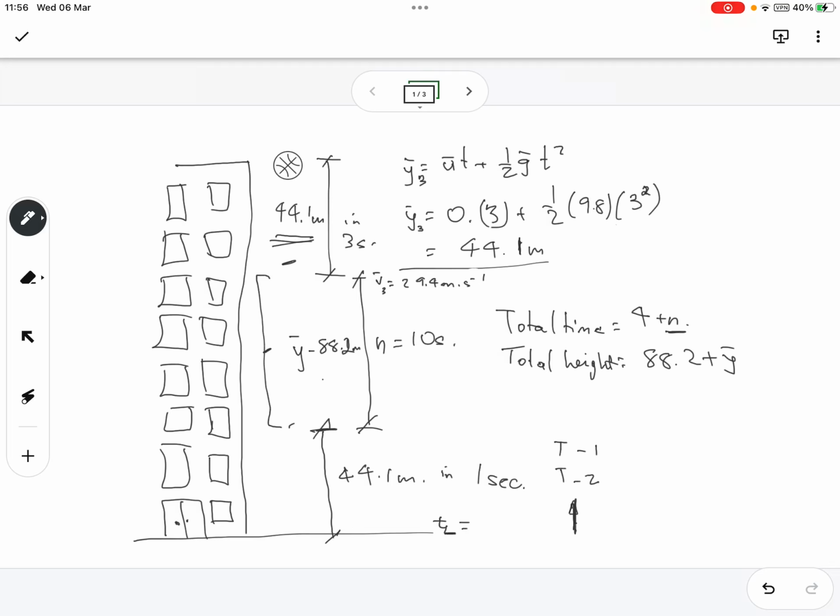How do you express the total time in terms of... okay, so I want to think about something close to what we learn in sequences and series, you know what I mean?